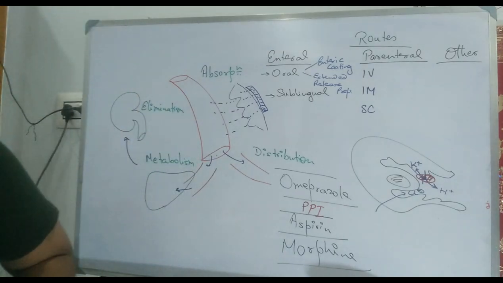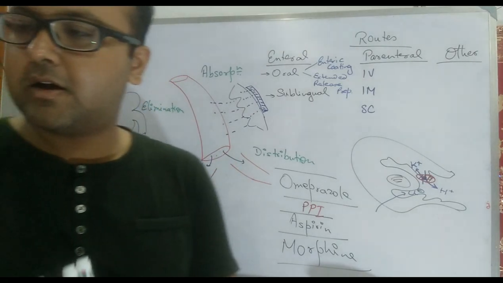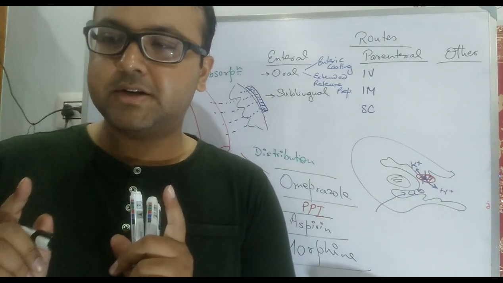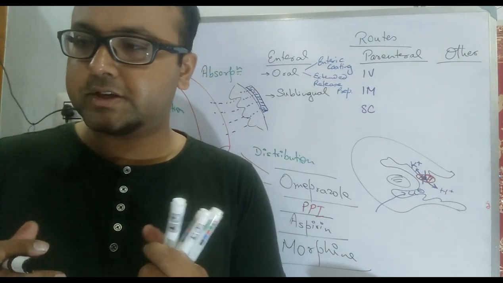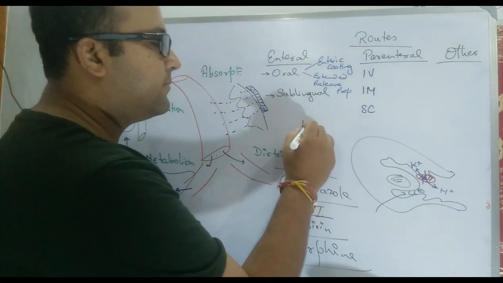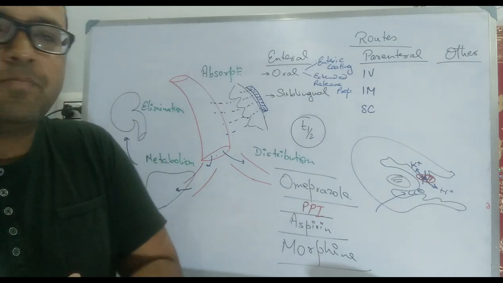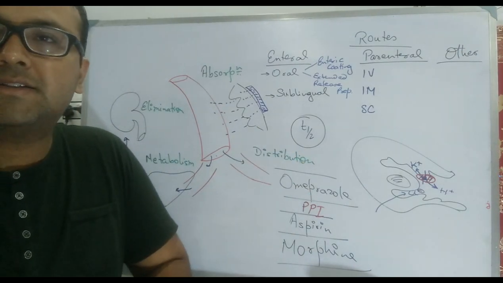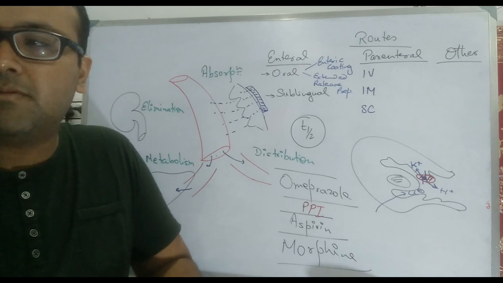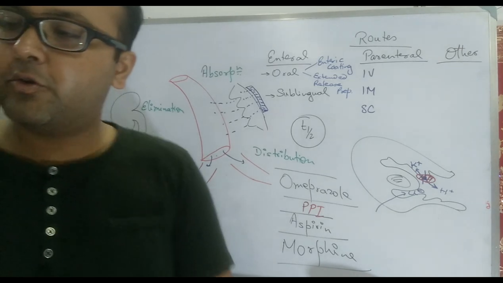Because later on in this entire discussion you will learn that out of many factors, one factor which decides our dosage is half-life. Half-life decides how many times we are going to give the dose.